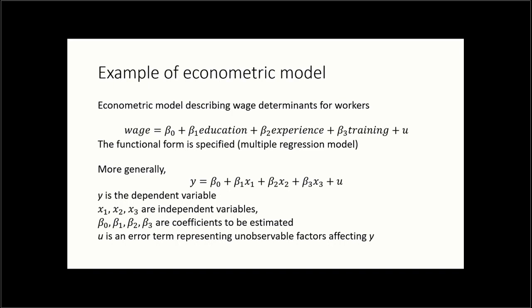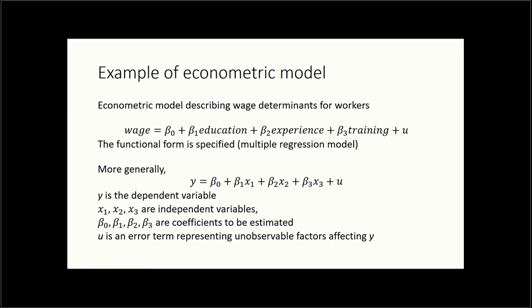So notice here that there's a correspondence between the model that we have above here that is a little bit more specific and the model that we have below here that is a little bit less specific, kind of a more general interpretation. So this x1 is how we denote the variable education. x2 is how we denote experience, and x3 is how we denote the variable training.